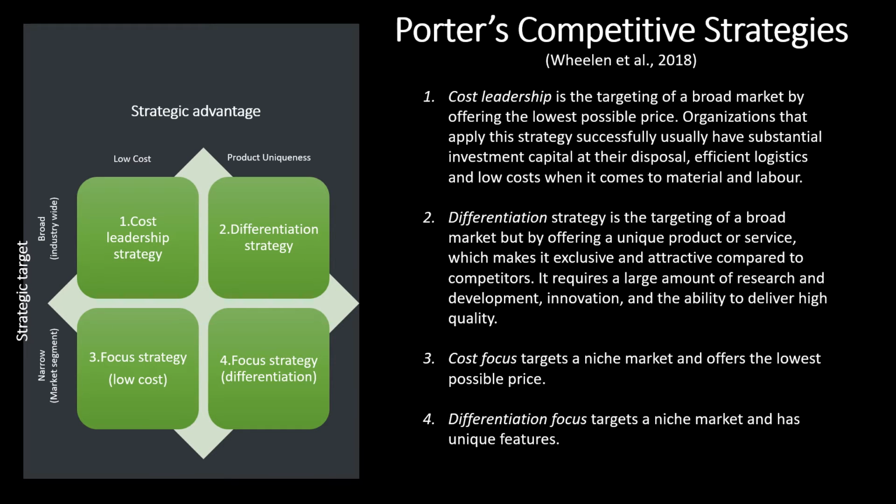Porter's competitive strategy basically explains strategic advantage on the x-axis and strategic target or scope on the y-axis. The first quadrant explains targeting a broad market by offering the lowest possible price.